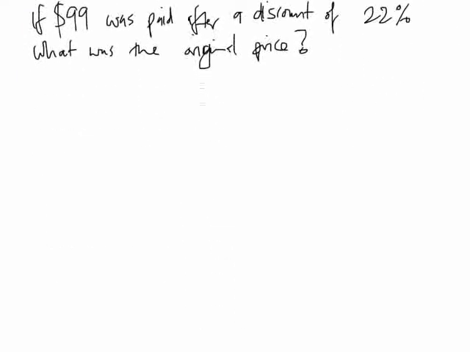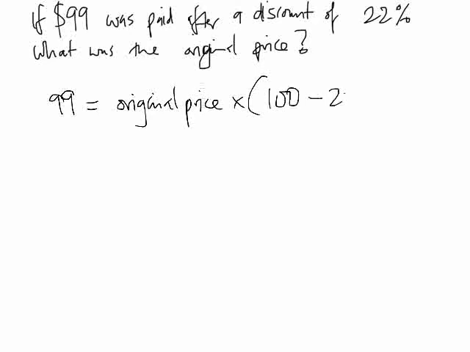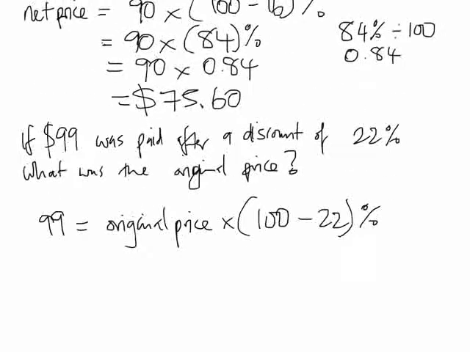So let's put in what we know. $99 equals original price times by what was the net cost rate. It was 100, take 22%. Just double checking that we have all the elements of this formula.